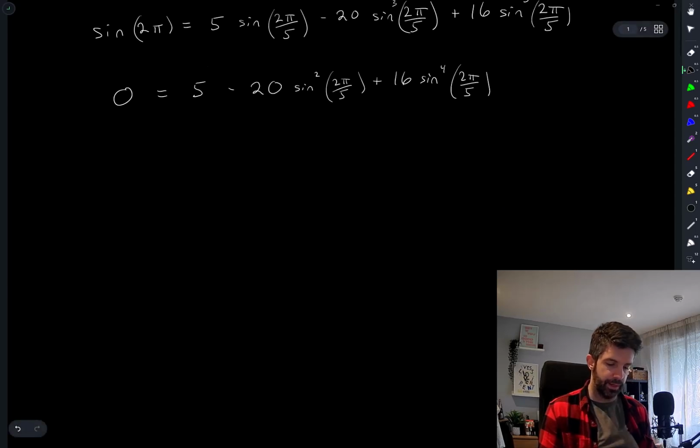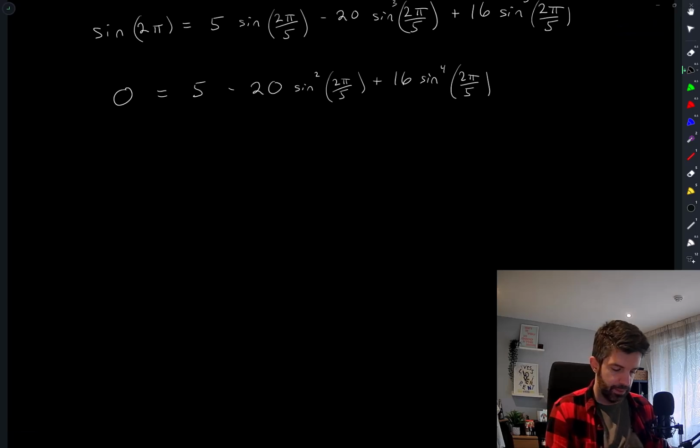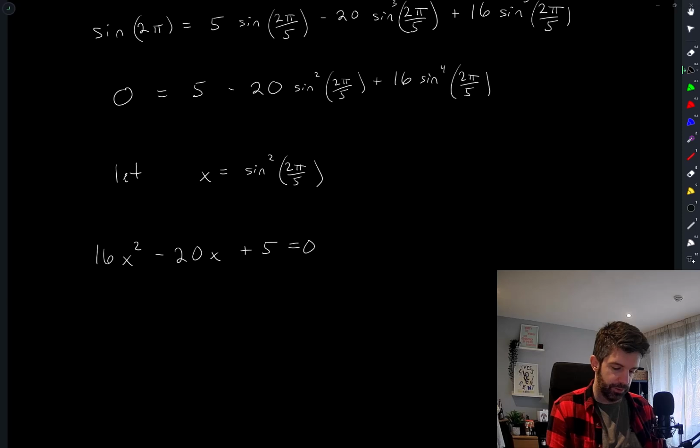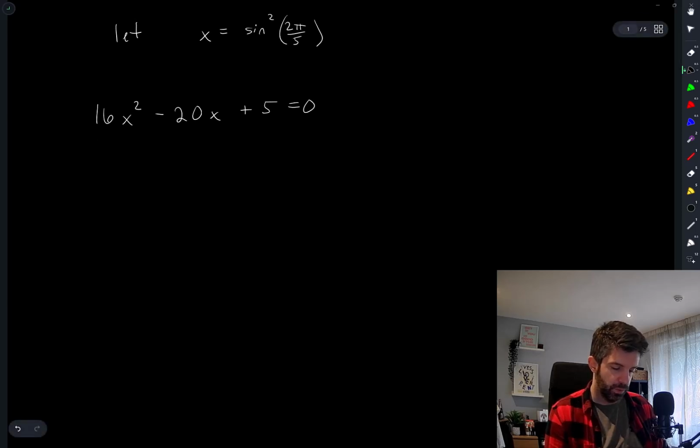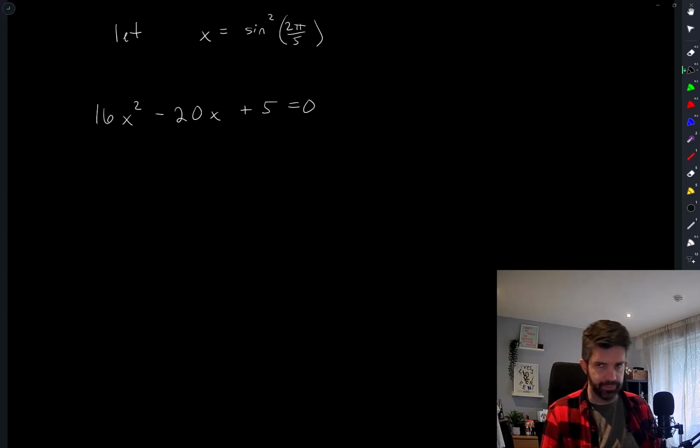Okay, this is clearly now a quadratic expression. I'll let x be equal to sine squared of 2 pi over 5. So I have 16x squared minus 20x plus 5 is equal to 0. And quadratic formula, can I read off the roots?